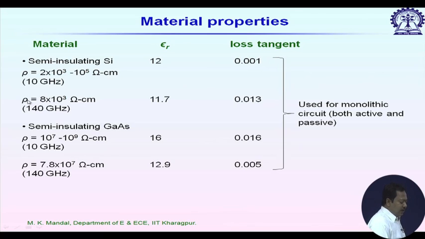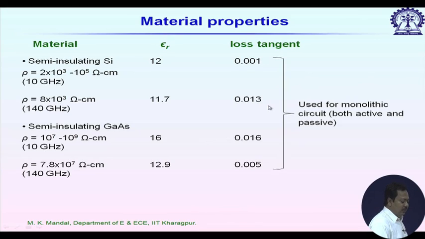If I consider a typical value for which a measurement result is available, rho is 8 into 10 to the power 3 ohm centimeter and the measured value at 140 gigahertz, epsilon r is 11.7 and loss tangent 0.013.